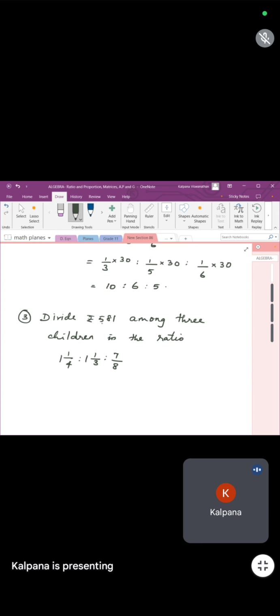We have to divide rupees 581 among 3 children in this ratio. So what is our first step? This ratio is in mixed fraction form, so convert to improper fraction. The given ratio can be written as 5 by 4 is to 4 by 3 is to 7 by 8.